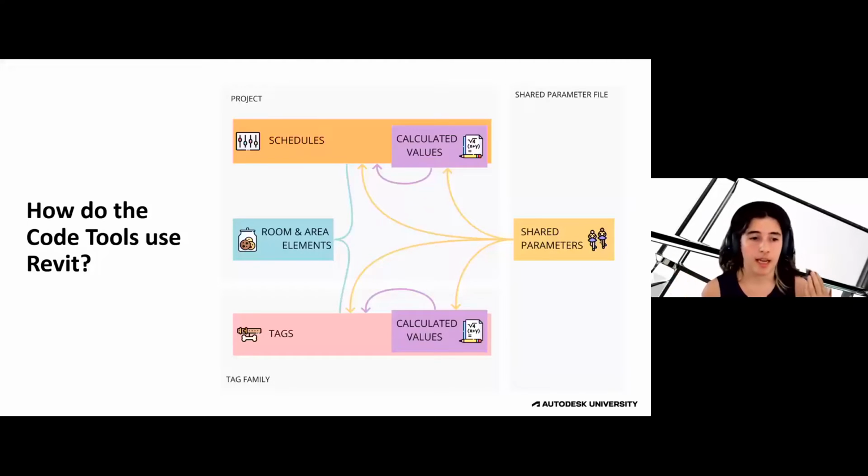So the tag and the rooms and the schedules are all sharing the same data, and they are not manually input separately. And last, we have the calculated values, which is the brain of the process, which is where we place our formulas to calculate all the values with the inputs and then return the results that we need on the tags, in the schedules, and in the plans.